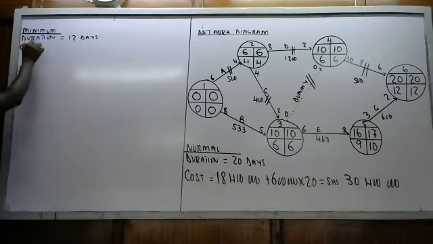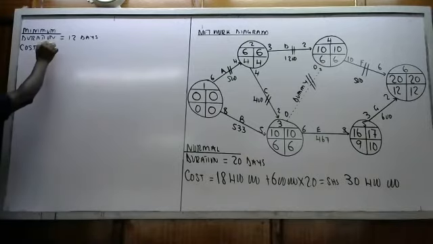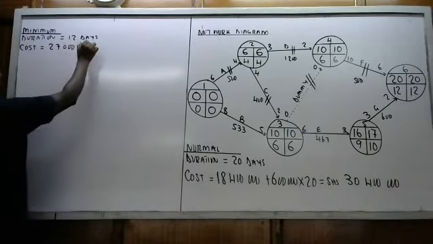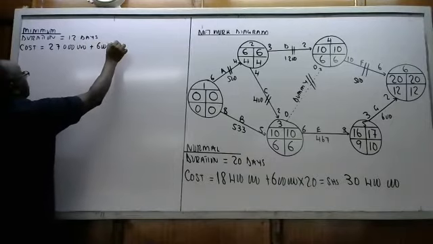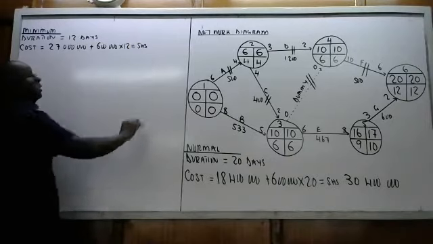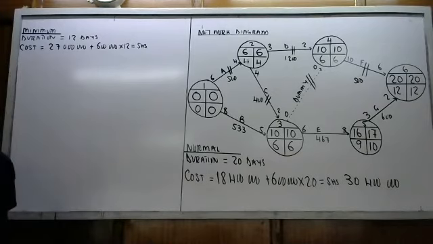Then the cost, you take the 27 million that we had gotten plus 600,000 times 12. So work out that and send me the answer.